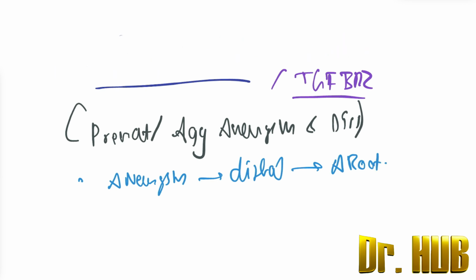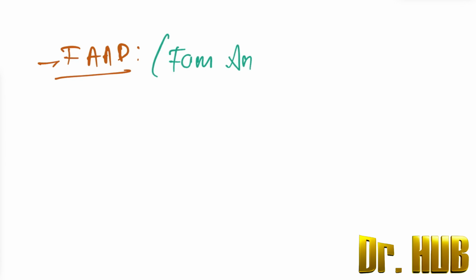Then next we move on to FAAD. FAAD stands for familial aortic aneurysm and dissection syndromes.